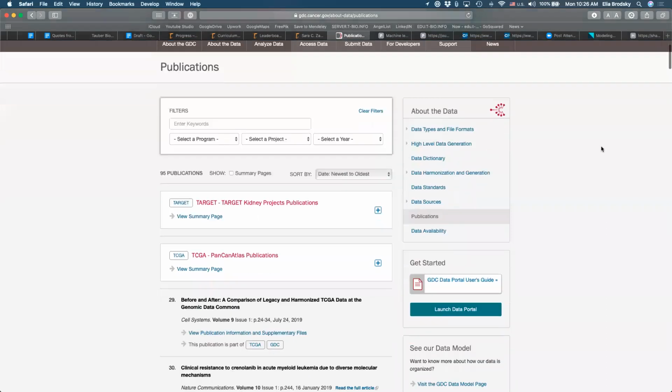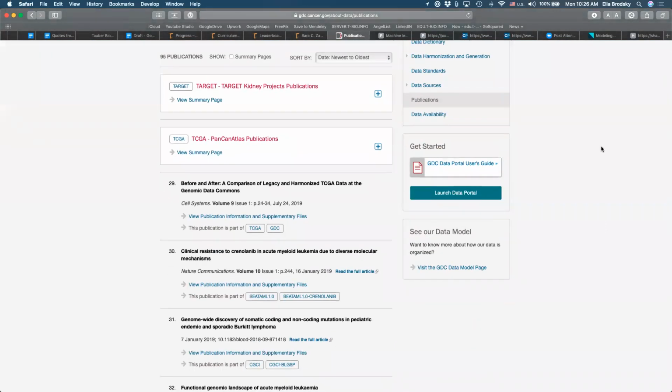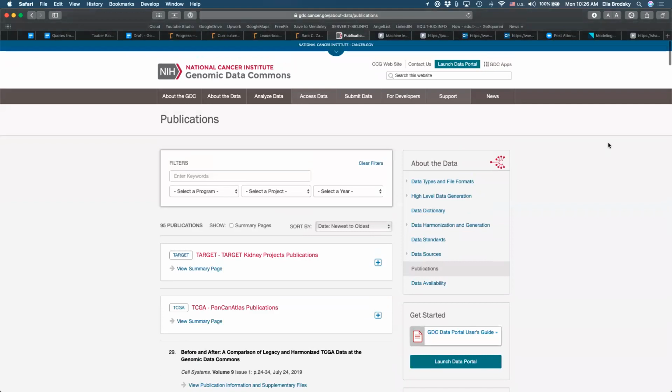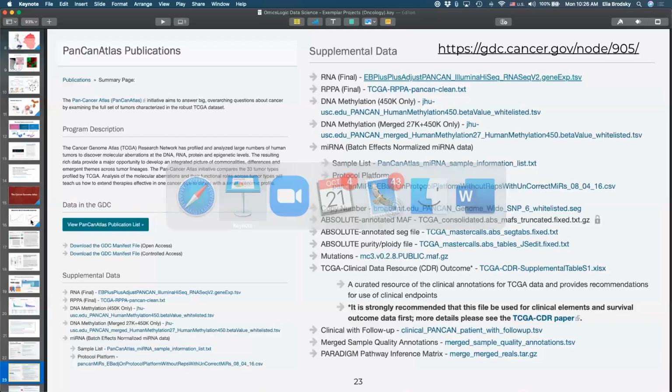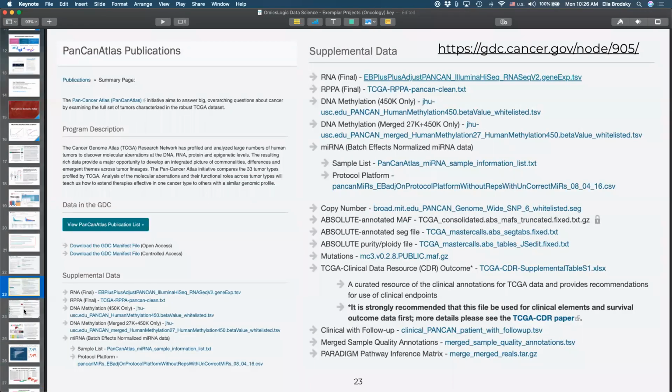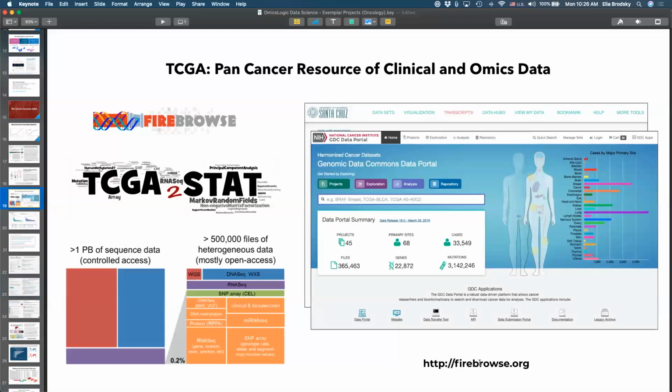an easy way to browse your data, though, for our purposes, is going to be using another portal that we can actually use, and I'll give an example how to find it. So back over here, I have this link called FireBrowse.